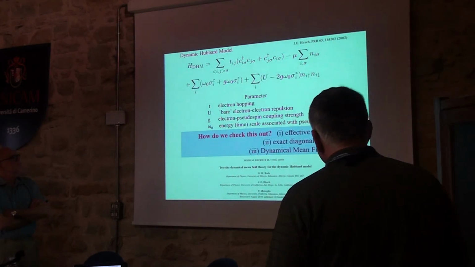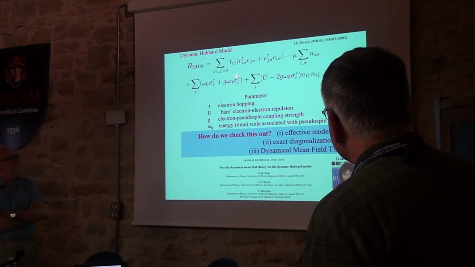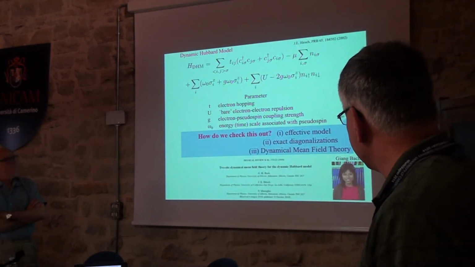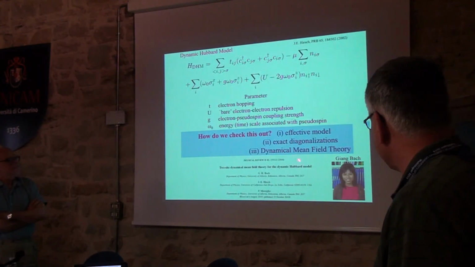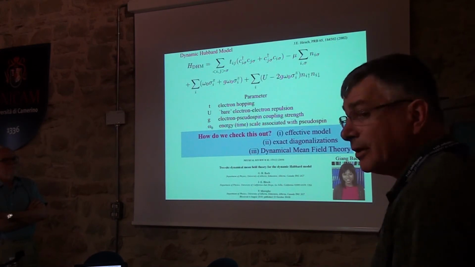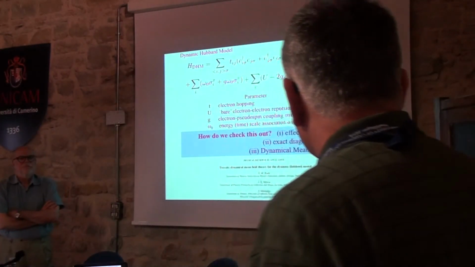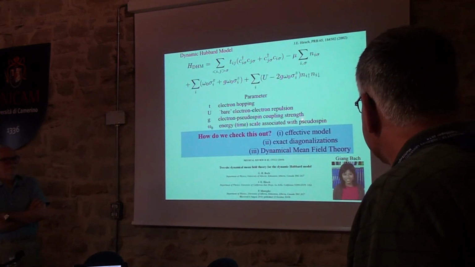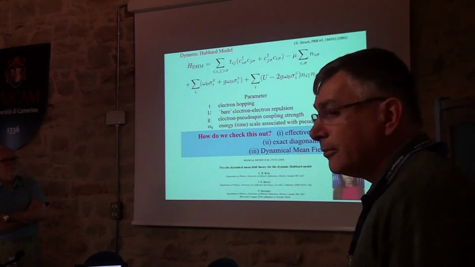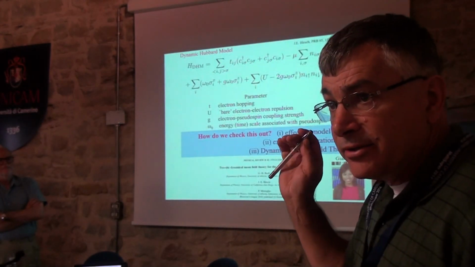So in this language, there is an energy scale omega naught corresponding to the pseudospin energy. If you take that omega naught to be very large, an anti-adiabatic limit, then this entire model reduces down to the hole hopping model that Hirsch and I studied in the late 80s, early 90s.